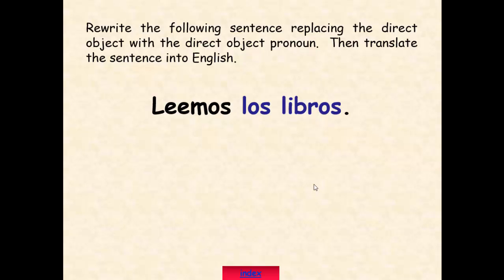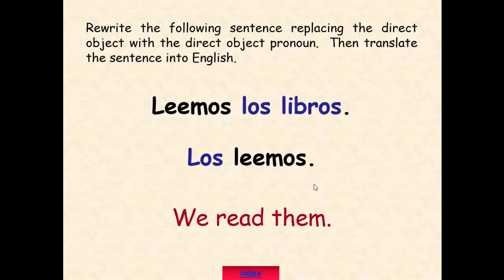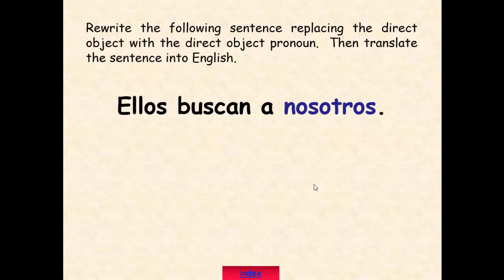Leemos los libros. Okay, your direct object is los libros. So the pronoun you're going to put in place will be los. So your answer would be los leemos. Now there is another option that you could do here, but we're not going to get into that right now. Ellos buscan a nosotros.